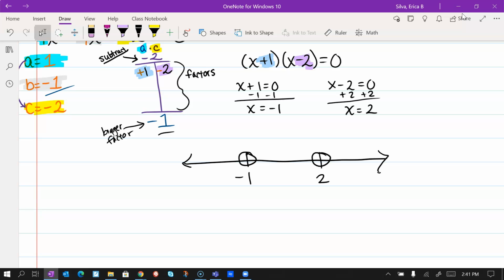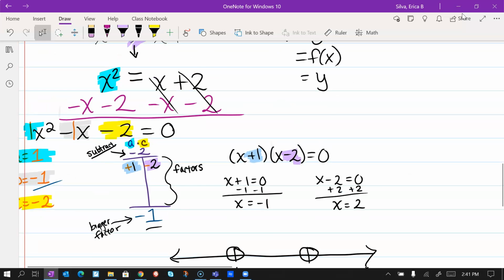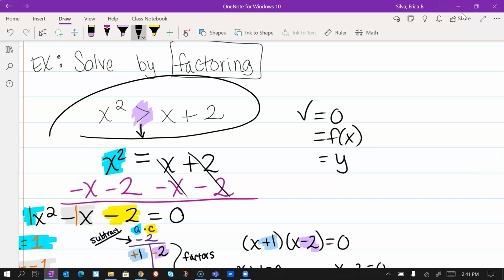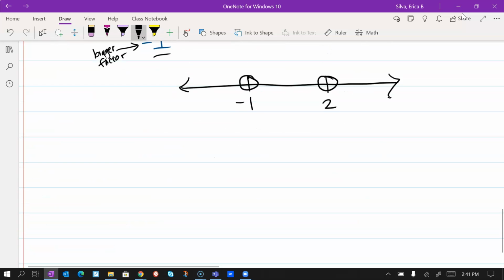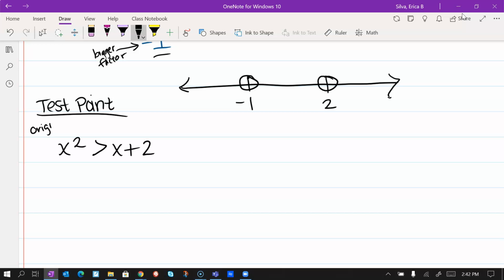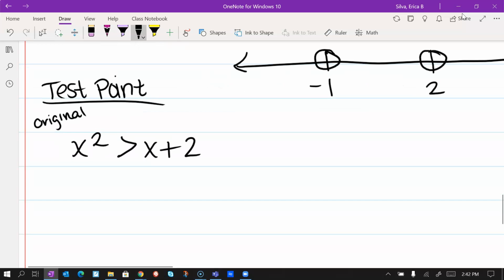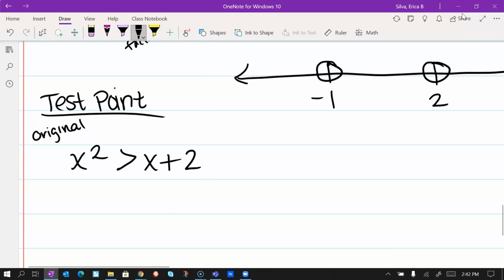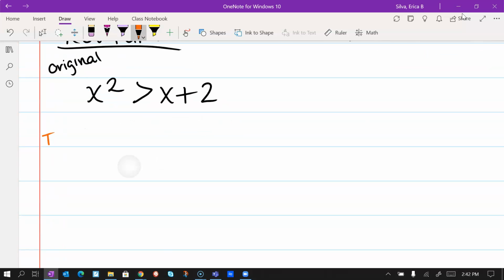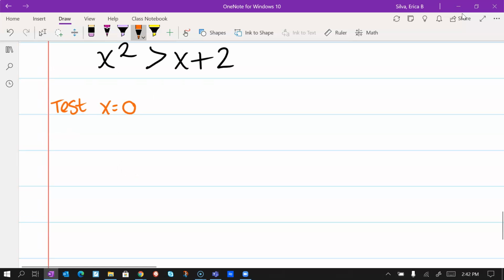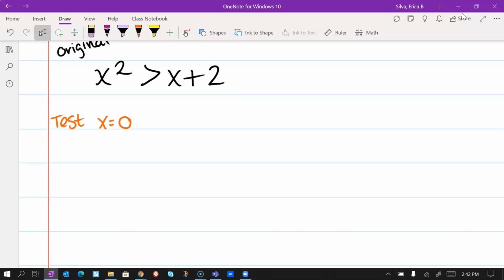All right, so now we're going to use a test point. We're going to grab this original equation and we're going to rewrite it. And we're going to test whether or not 0, I'm going to put 0 here because it's in between -1 and 2. And I'm going to test if 0 is part of my solution set. Which means everywhere we see an x, I'm going to put 0.